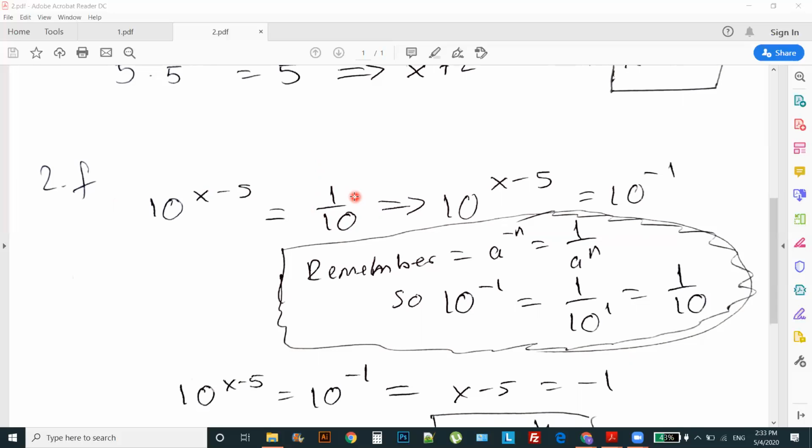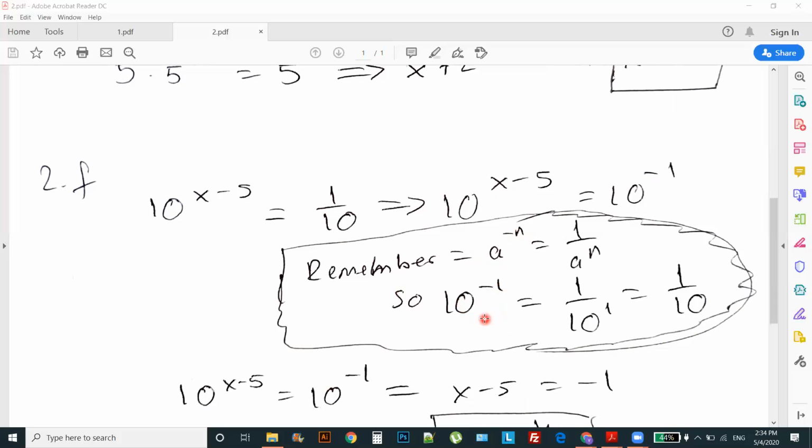Remember, the rule is here: a to the power of negative n equals 1 over a to the power of positive n. So when you write this for a number, 10 to the power of negative 1 is just like this rule here. 10 is a and n is 1.